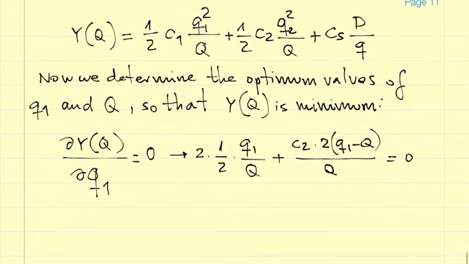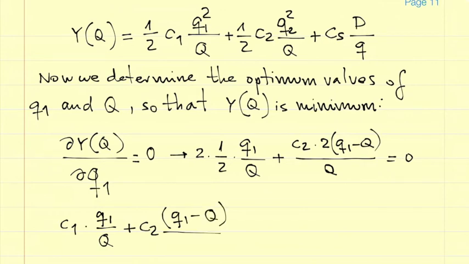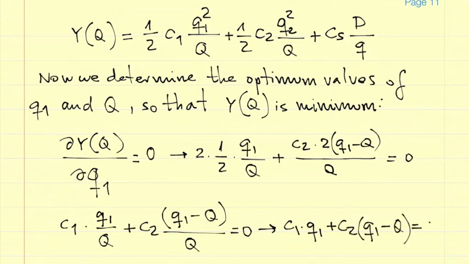And then we get that C1 times Q1 divided by Q plus C2 times Q1 minus Q divided by Q equals 0. As a result, we get that C1 times Q1 plus C2 times Q1 minus Q equals 0.